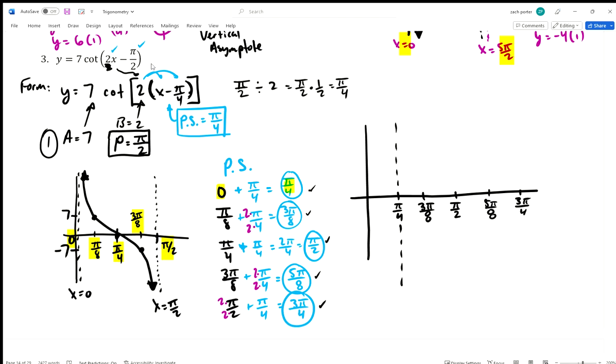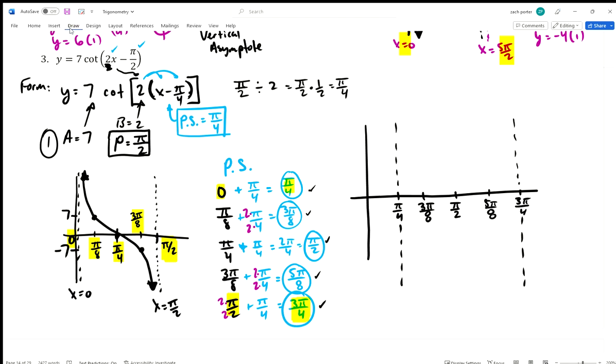Still comparing what I've got, the 3 pi quarters, I think I'm going to start there. That's where the other asymptote is. Again, where I did have pi halves is now where I have 3 pi fourths. Where I did have pi halves was where I had an asymptote. So now I have another asymptote because of the shift.